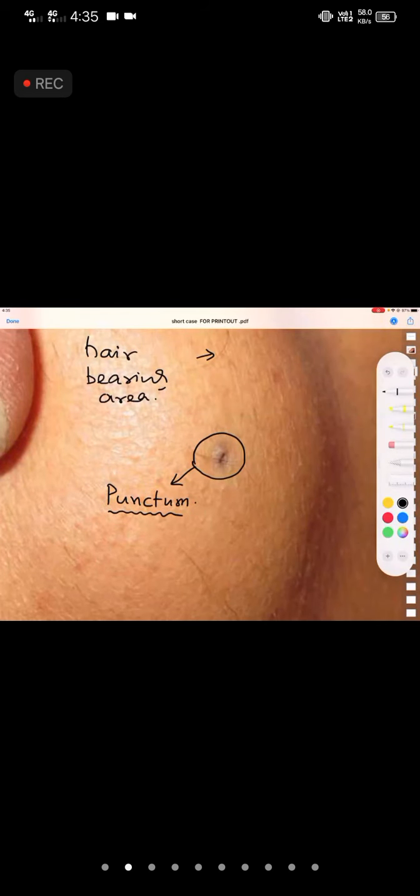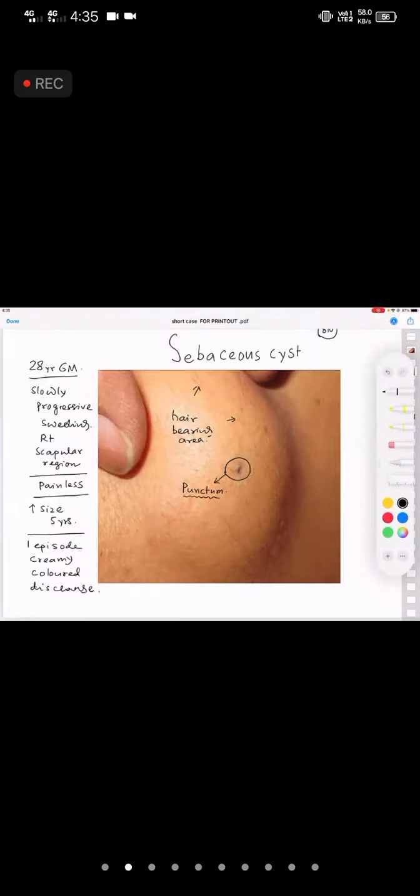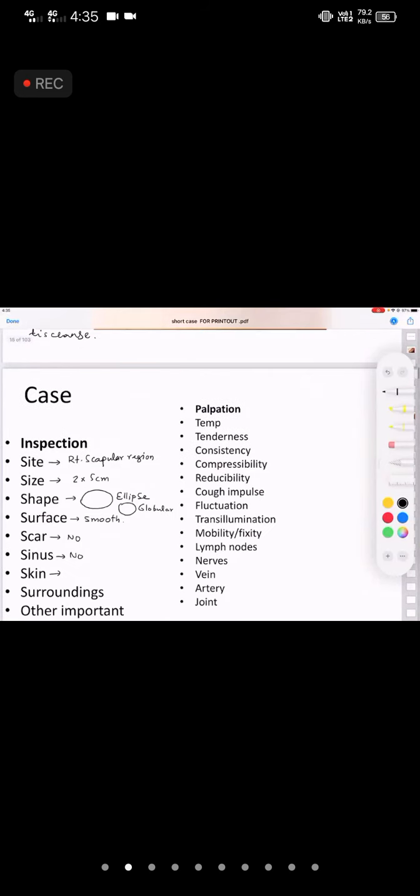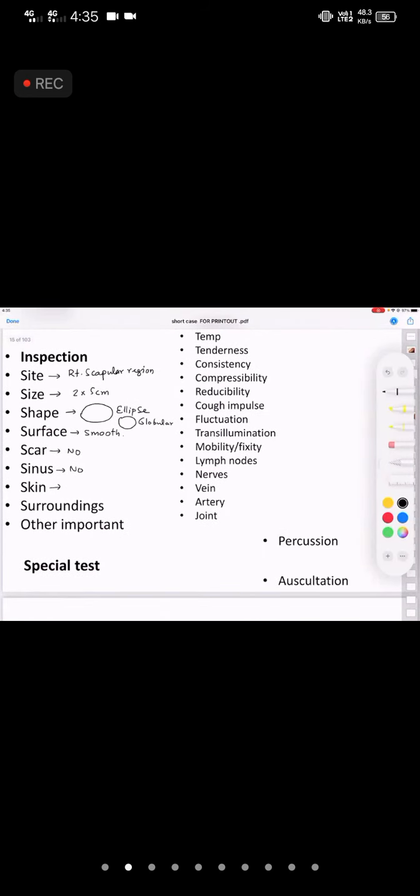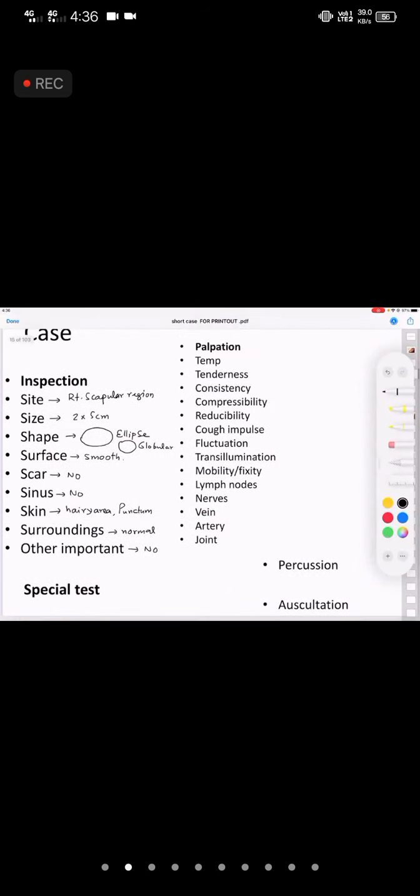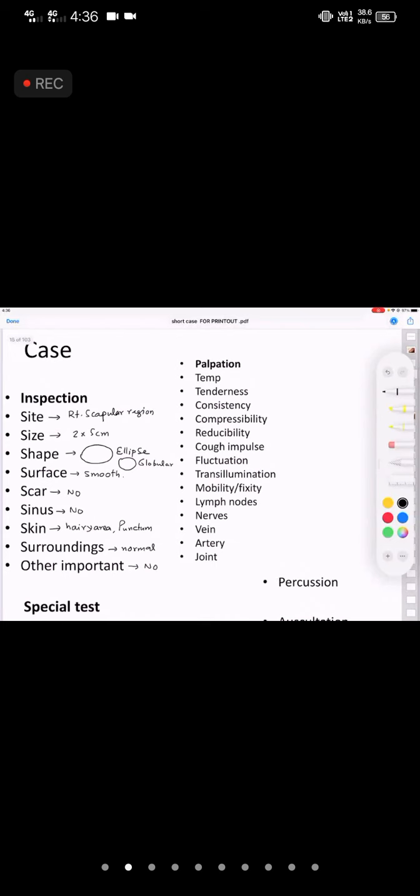Hello? Yes, sir. Good. So please remember this picture. That skin contains hair, or hairy area of the body, and there is a presence of a punctum. Surroundings are normal. No other important swellings around the site. So this is what we find on inspection.